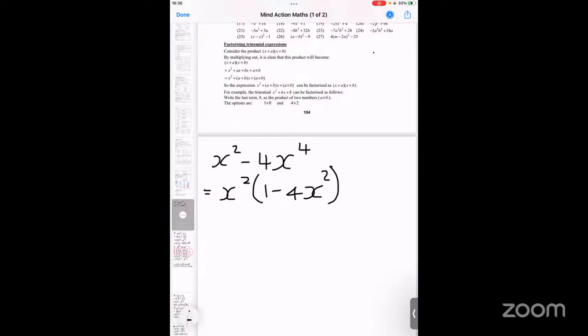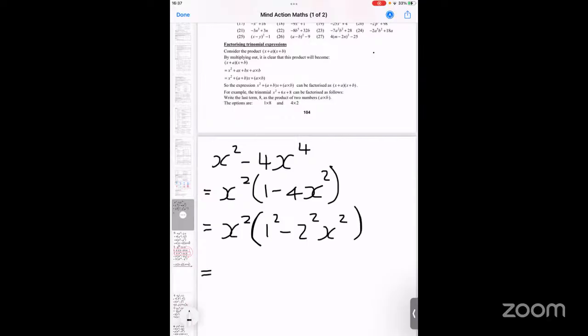I figured it out now. Okay. Next, you're going to write x to the power of 2, open bracket, 1 to the power of 2 minus 2 to the power of 2 x to the power of 2, close bracket.